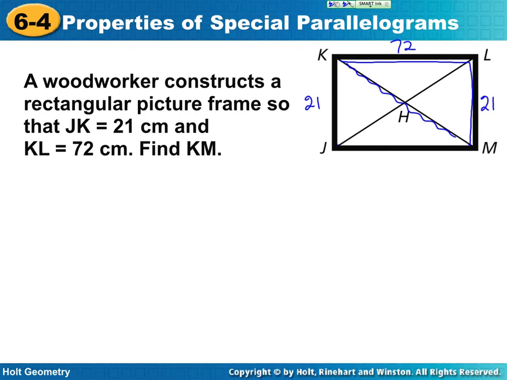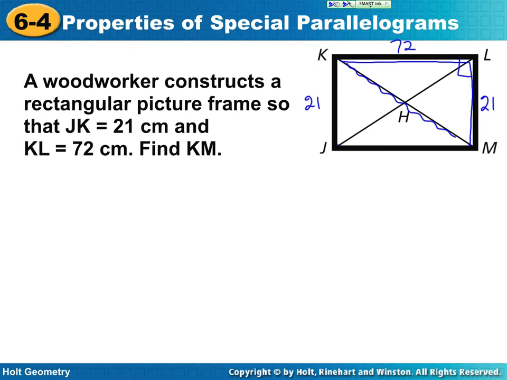What's the other fact I need to have him convince me of before he does Pythagorean theorem? I need to know that it's a right triangle. Can you convince me it's a right triangle? Rectangle. The angles of a rectangle are 90.